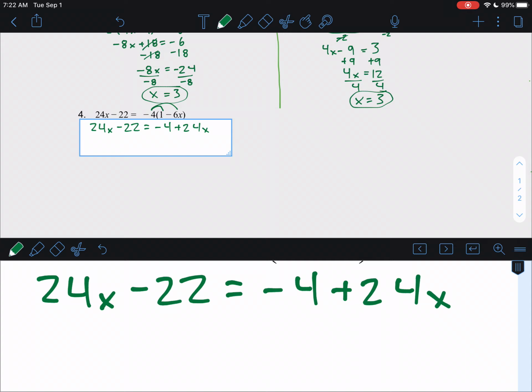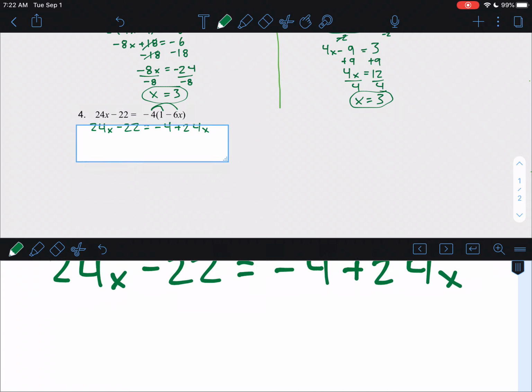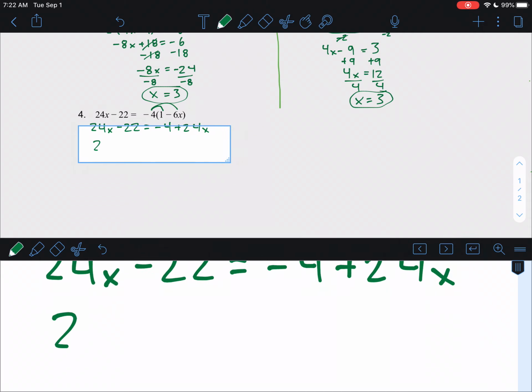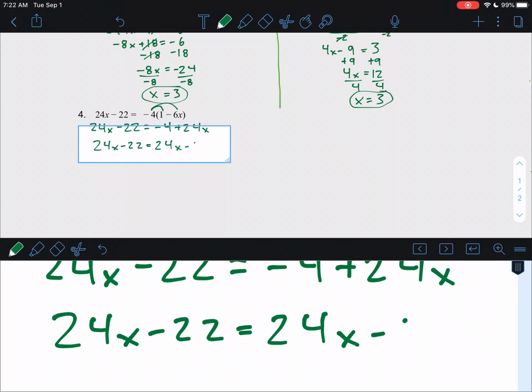Okay, so now I see 24x minus 22 equals negative 4 plus 24x. I'm going to rewrite the right side of my equation. So I got 24x minus 22 equals, then I'm just going to switch around the terms on the right side. So 24x minus 4. So hopefully you guys are starting to see something that's weird with this problem.